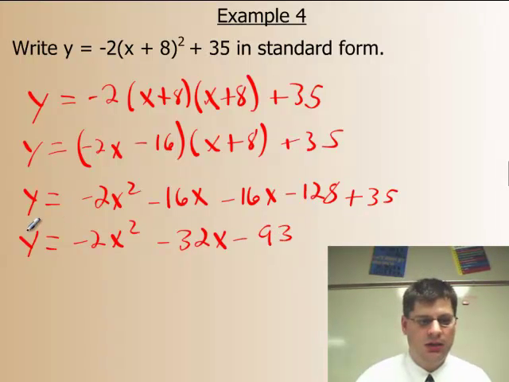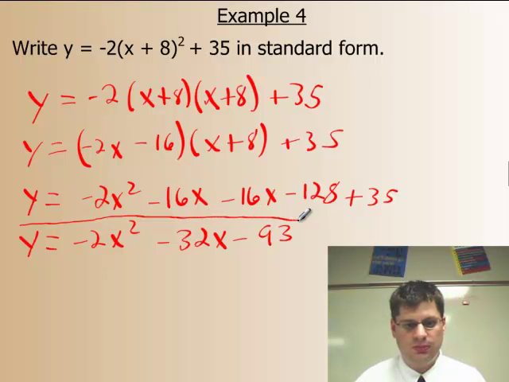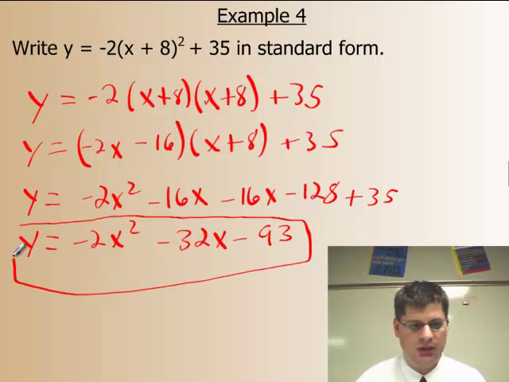And that is in standard form, ax squared plus bx plus c. And we box that in, more or less. So that's graphing quadratics in both vertex and intercept forms, and then converting both of those forms into standard form. And that's it. I'll see you on the flip side.